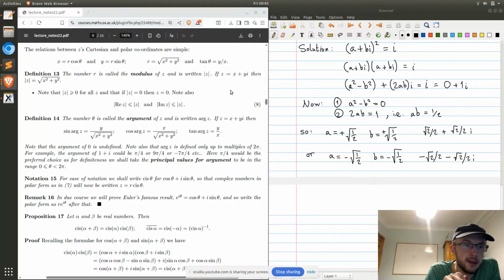Note that the modulus of z is greater than or equal to 0 for all z, and that if the modulus of z is equal to 0, then the complex number z itself is equal to 0. And of course, also note that the modulus of the real part of z has to obviously be less than or equal to the modulus of z, and likewise for the imaginary part.